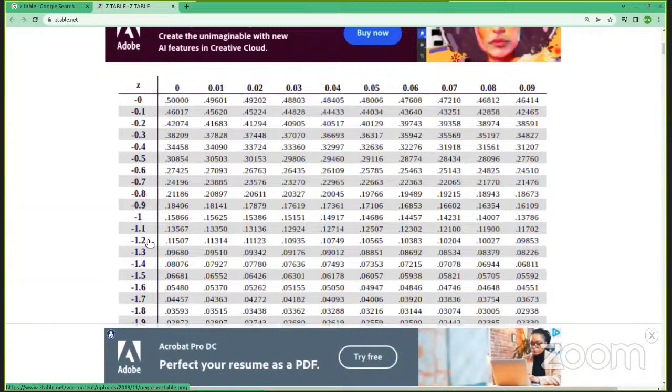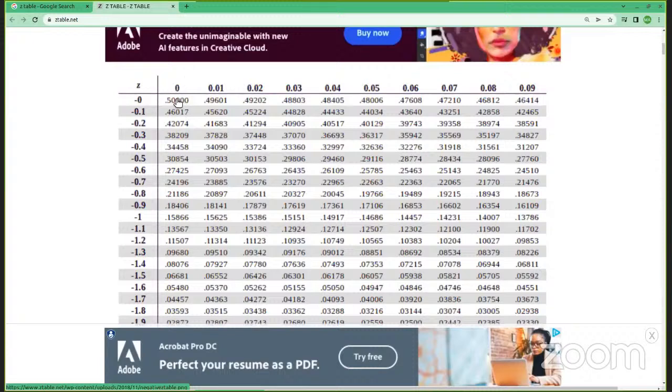So this is the Z table we know. You see how to read this. This is exactly at 0.0, which is at 0, correct? This gives you the probability that Z is less than or equal to 0.